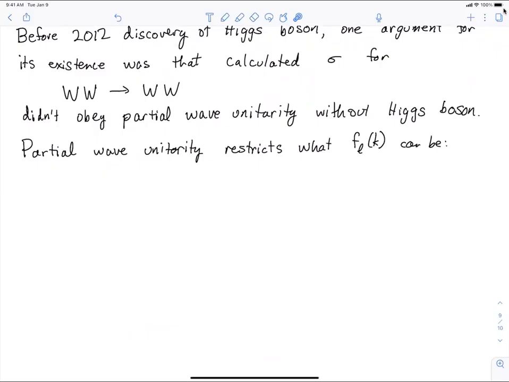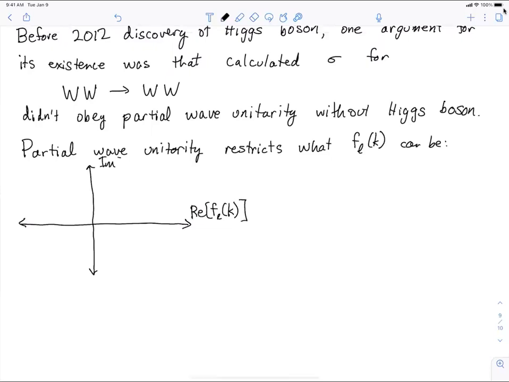Okay, and so if you just graph the result that we got in terms of the phase shift in the complex plane, this is going to be the real part of f_L of k on this axis, and this is going to be the imaginary part of f_L of k. It's a complex number in general. Then you find out, reminder, one way of writing f_L of k is e to the 2i delta L minus 1 over 2ik.